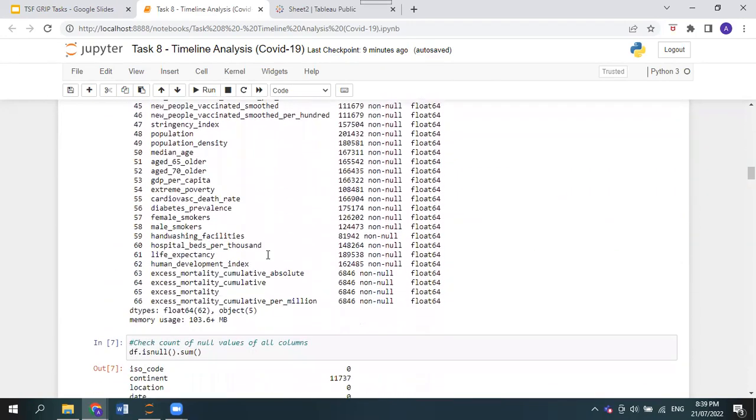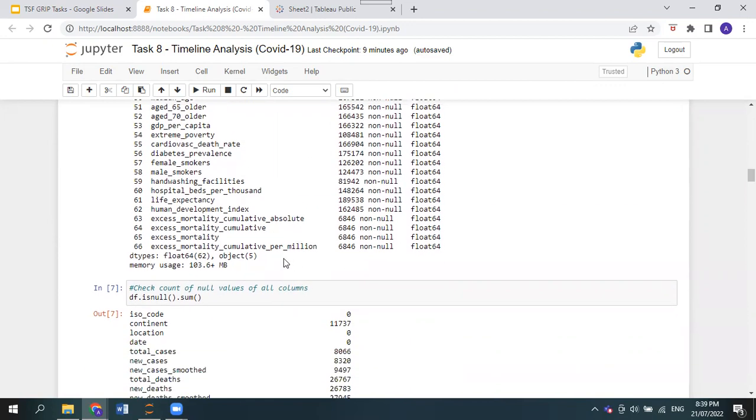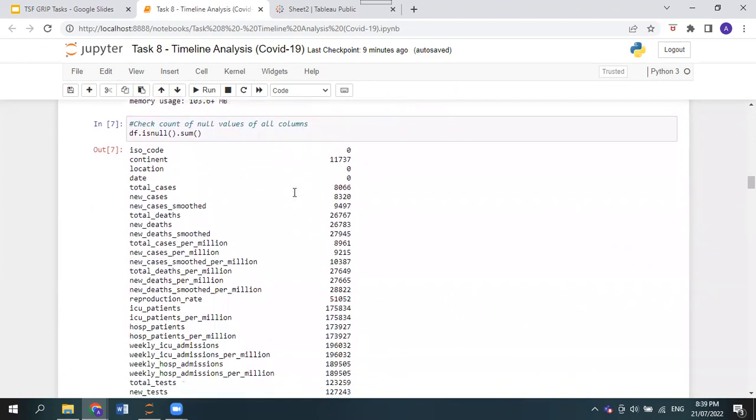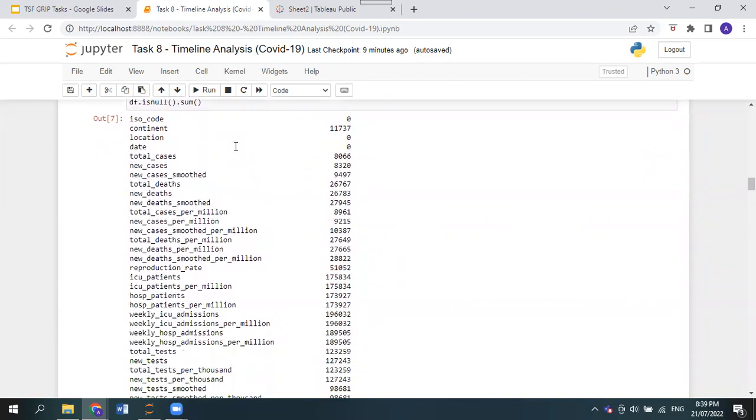The last 3 columns contain the most null values, which are excess mortality, cumulative excess mortality, and excess mortality per million. Then I check the count of null values of all columns.